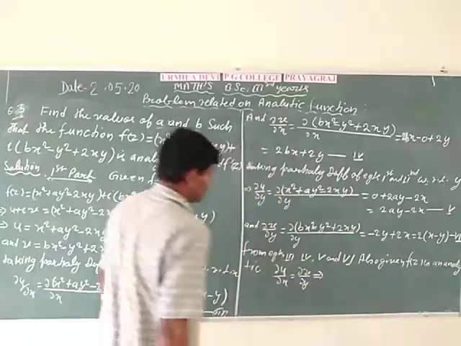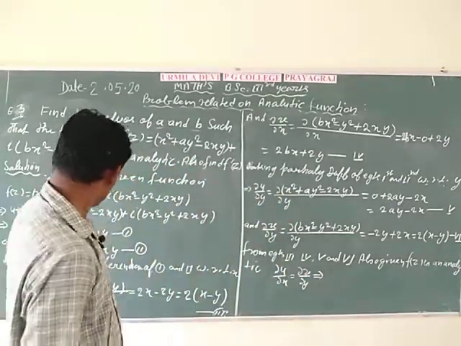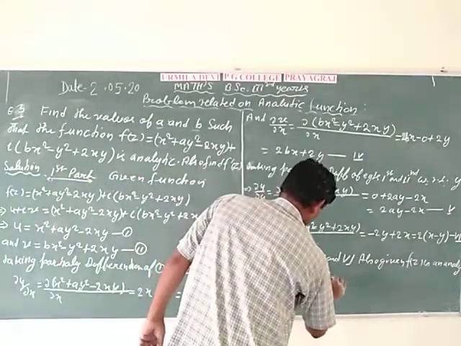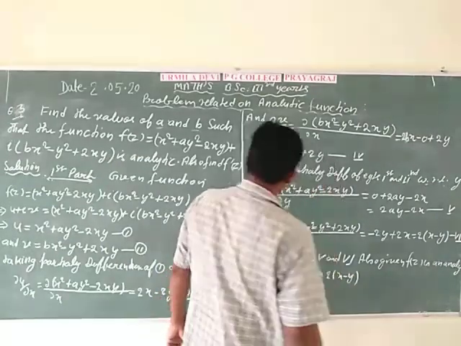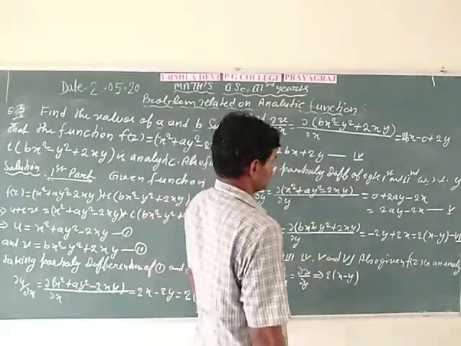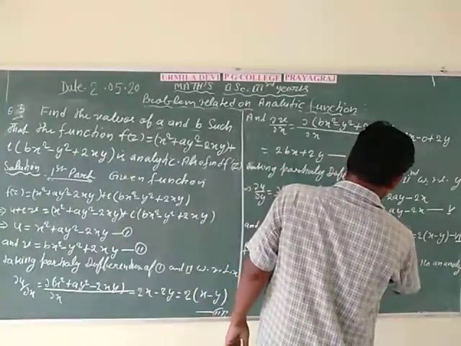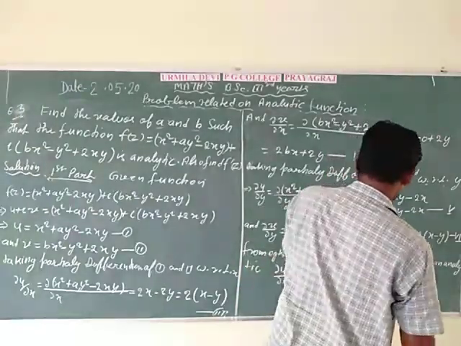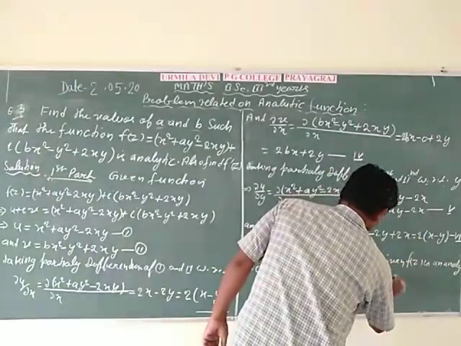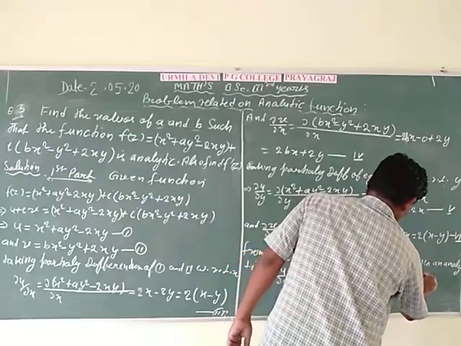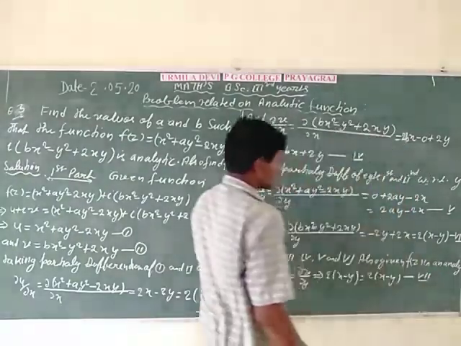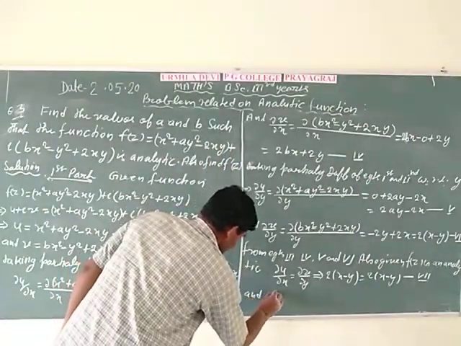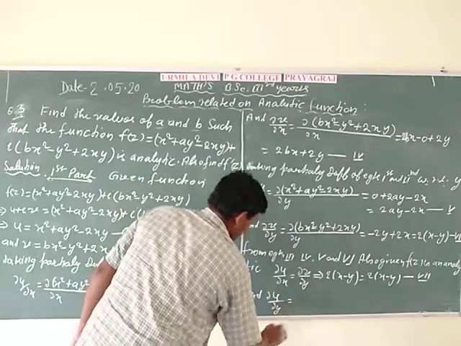Del u by del x from equation 3rd is equal to 2 times x minus y, and del v by del y from equation 6 is equal to 2 times x minus y, represented by equation 7th.